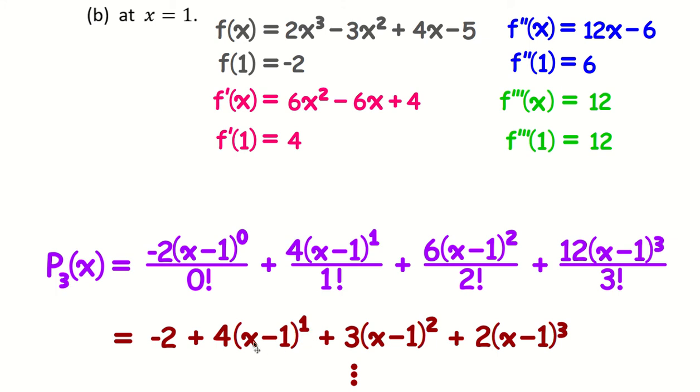But you're going to have to FOIL this here, like x minus 1 times x minus 1. And then the third power gets even crazier, and then distributing the 2 at the end of it. Wow. If you wanted to keep cleaning this up and having the final answer be in standard form, but that's good enough for me, at least for now.